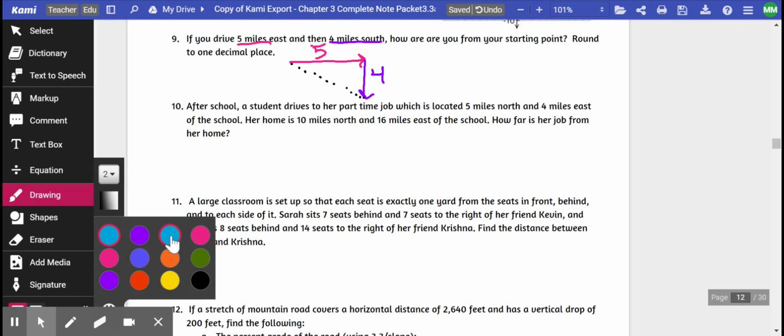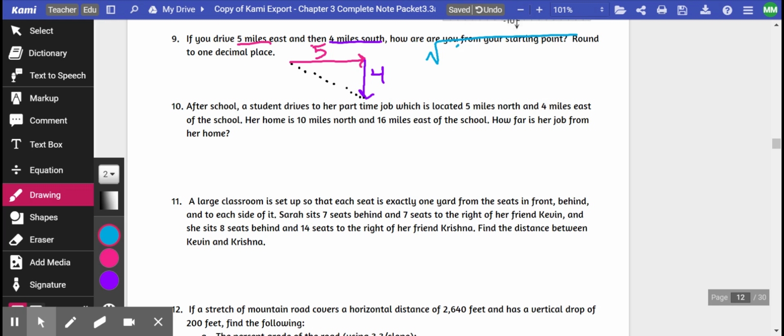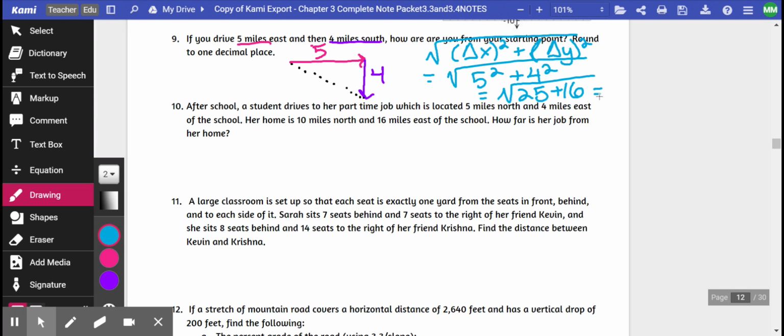So I'm going to use my change in x squared plus the change in y squared. So I'm going to have 5 squared plus 4 squared. So I have 25 plus 16. So I get the square root of 41. Get 6.403. And it says 1 decimal place. So 6.4 miles.